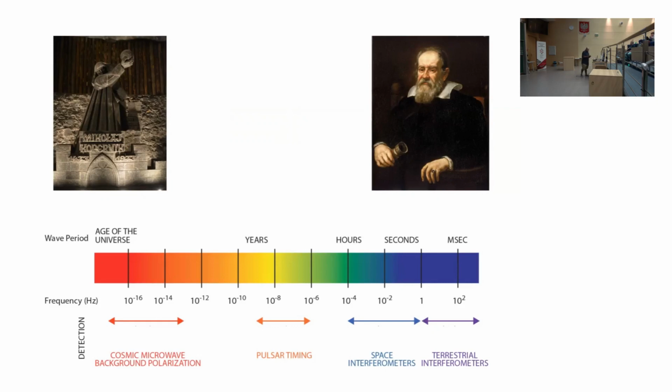And now we have just invented an analog of Galileo's telescope in gravitational waves. We are yet to discover what is lying in different bands and also in the same band of gravitational wave astronomy. Okay? With this note, I'm going to thank you for your attention.